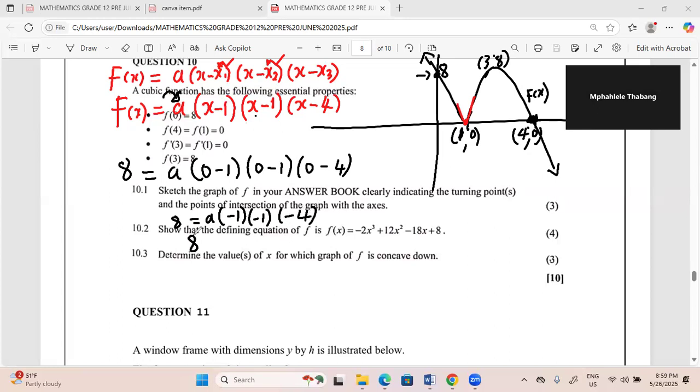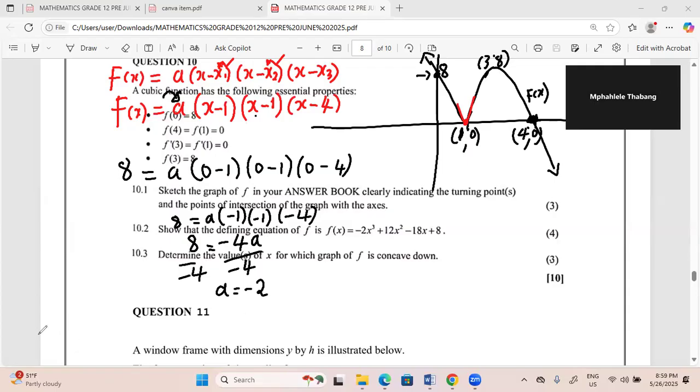Therefore, 8 equals negative 1 times negative 1 times negative 4, which is negative 4a. Divide both sides by negative 4. a is negative 2.